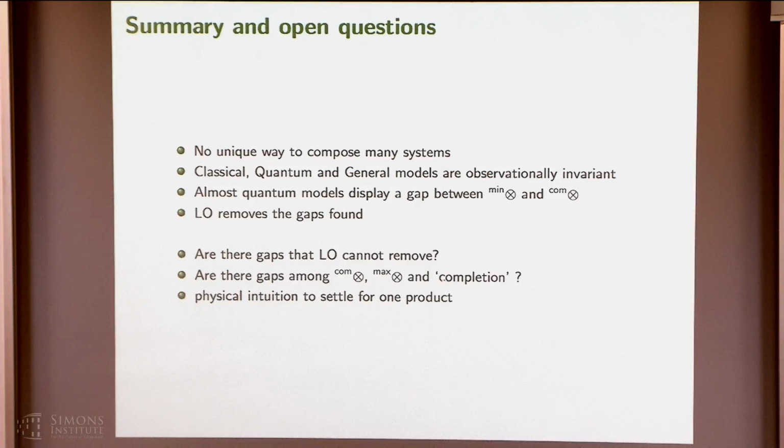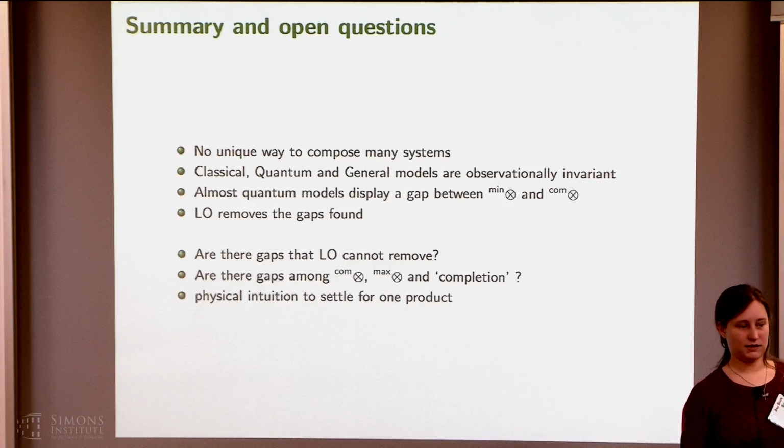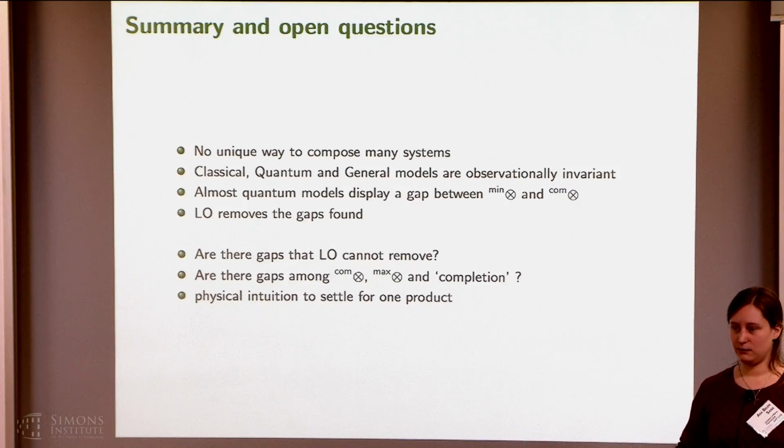However, if actually the local orthogonality principle holds and we are left with almost quantum models that respect this principle, then we still wouldn't have a test, because the Bell inequalities that we found so far that witness gaps don't witness those gaps anymore. But the fact that all the inequalities that we've studied have this property doesn't mean that that's actually what happens in general.